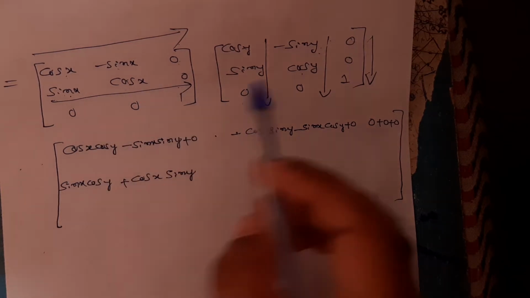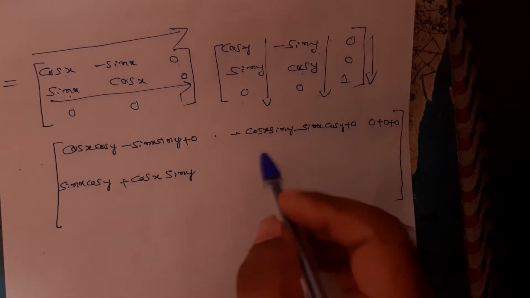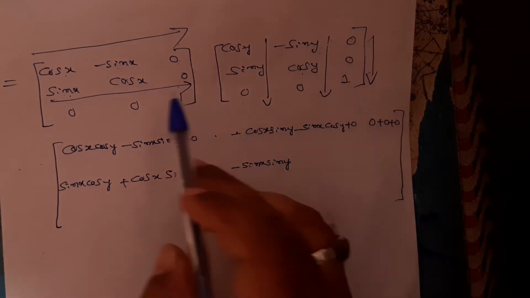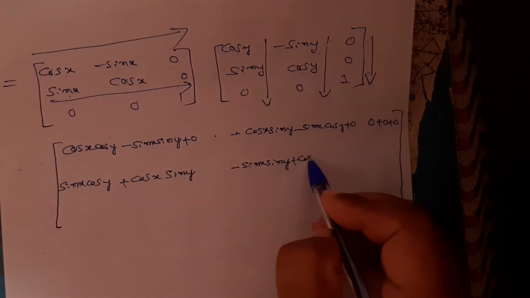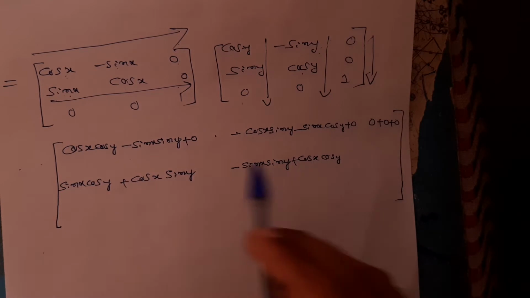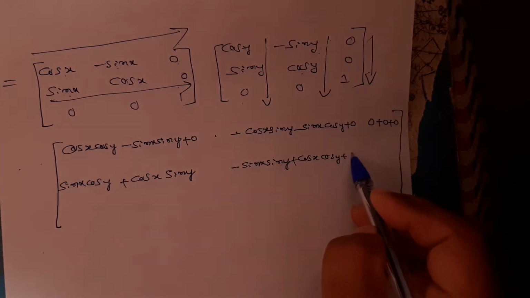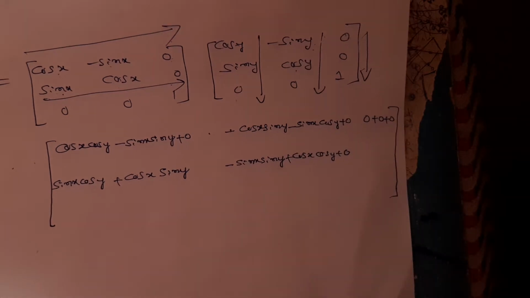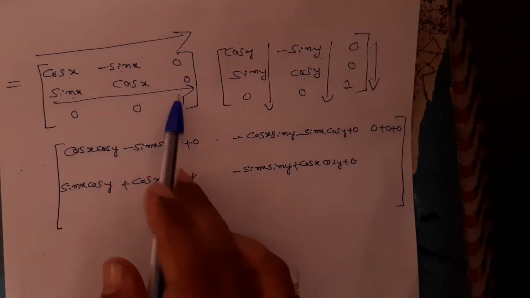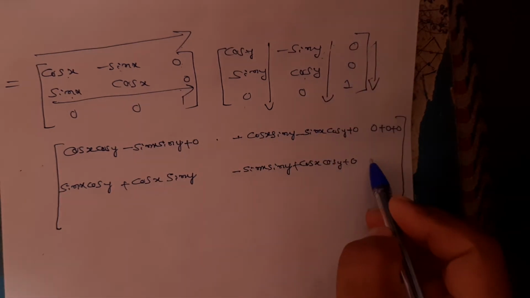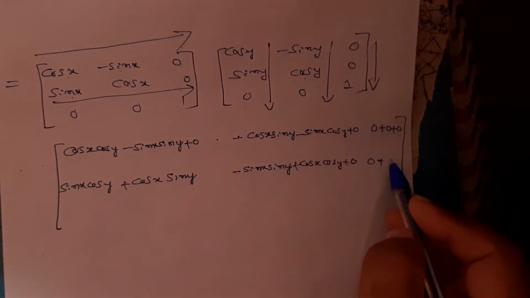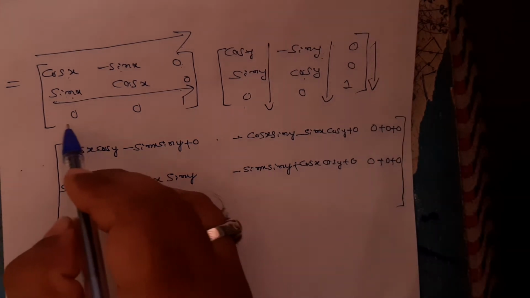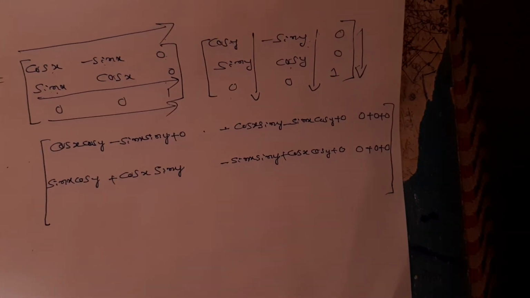Then second row, second column: sin x into minus sin y, that is minus sin x sin y, plus cos x cos y, plus 0 into 0, which is 0. Then second row and last column: sin x into 0, that is 0, plus cos x into 0, 0, then plus 0 into 1, that will be 0.